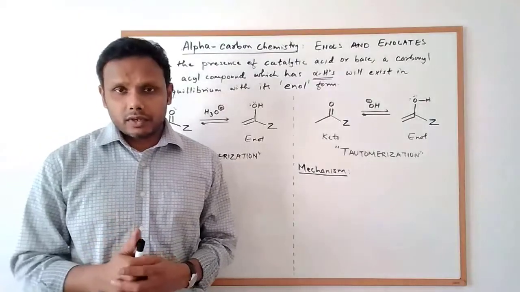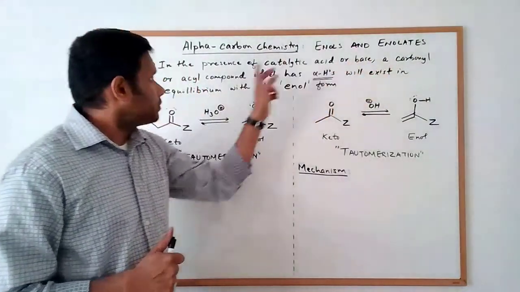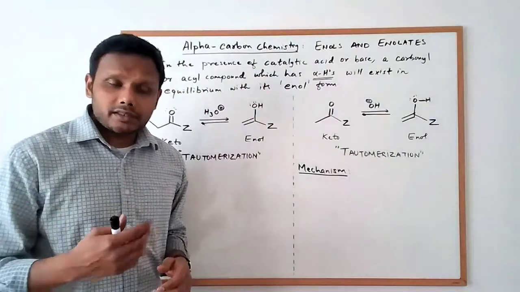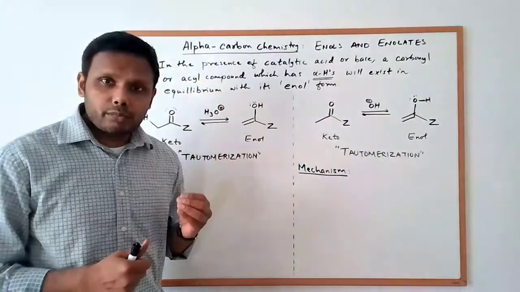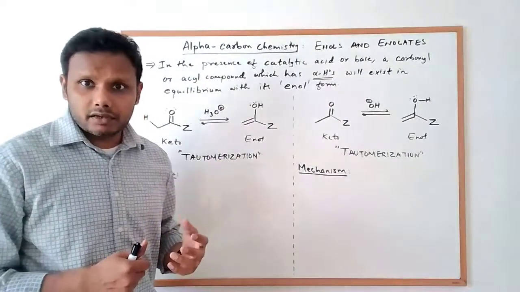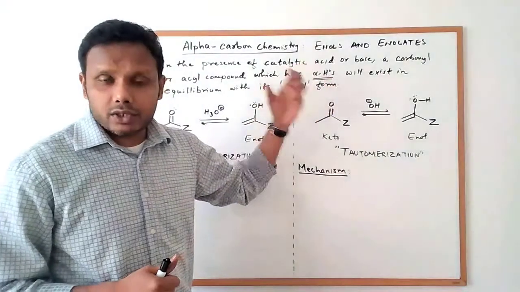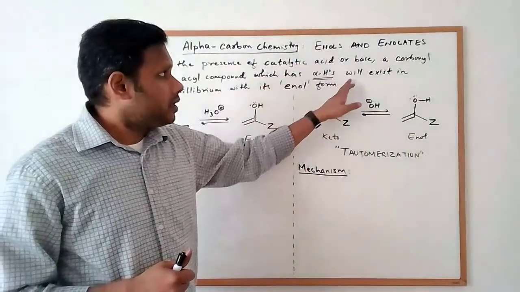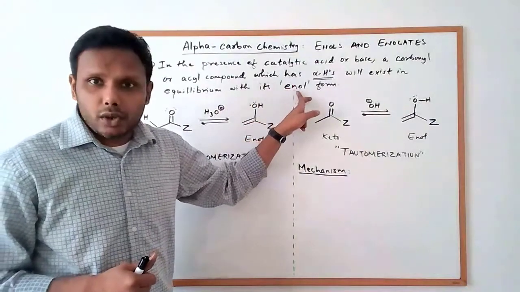Now, in the presence of a catalytic amount of an acid or a base, a carbonyl compound, which would include aldehydes and ketones, or a compound which has an acyl group in it, which would mean carboxylic acid derivatives, especially which has alpha hydrogens in it, will exist in equilibrium with its enol form.